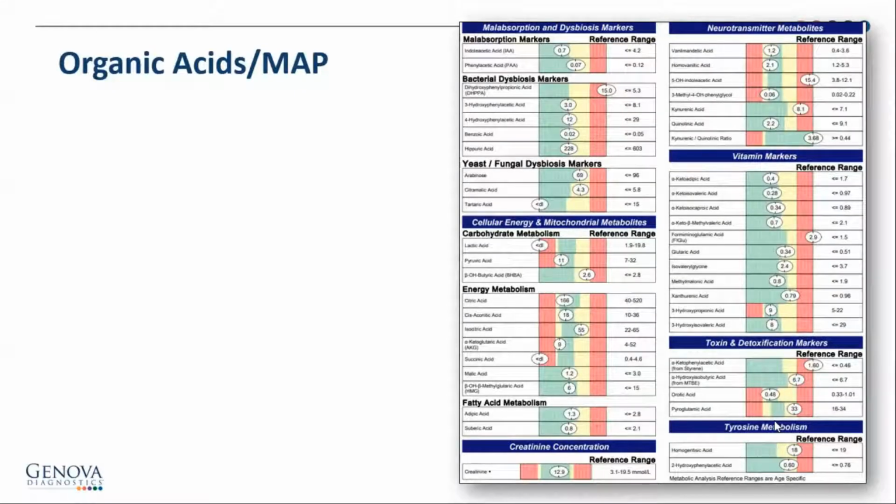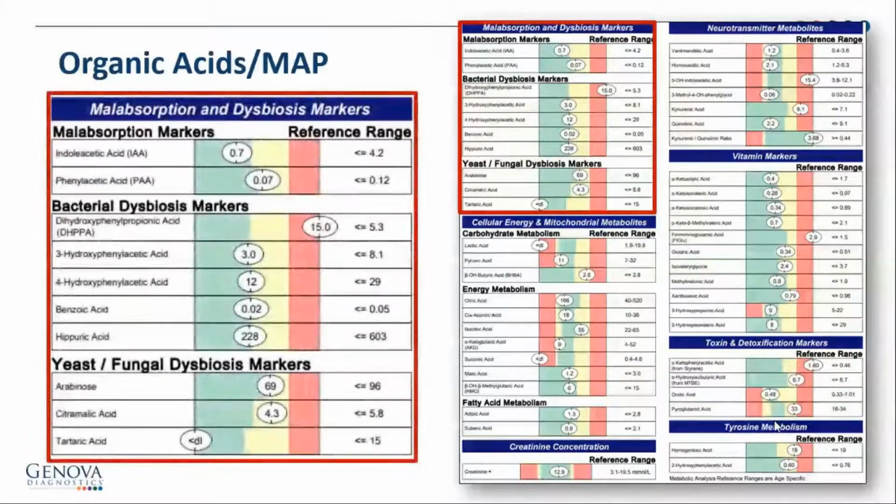So the organic acids. And that's why we can look at malabsorption and dysbiosis specifically, because these are organic acids that are impacted by anaerobic bacterial activity in the gut. So if we see an elevation, for example, of DHPPA, I know that that starts off as an amino acid, actually 3 of them, tyrosine, tryptophan, phenylalanine, that in the gut are converted by specific bacteria into DHPPA.